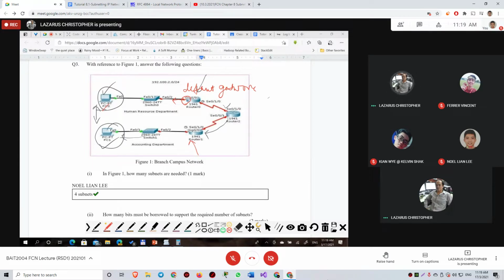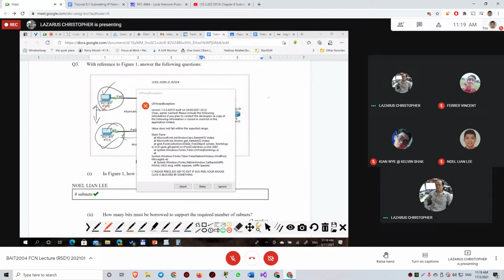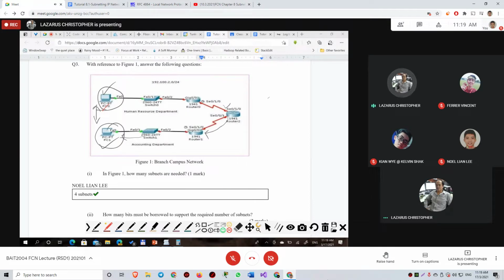But for now, we assume we only have one router serving your LAN. So the router interface that is connected to you directly, like this one for this network, this one for this network, the address set on that interface is the gateway address to be used by all the hosts within that network.